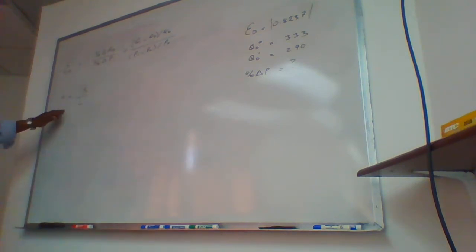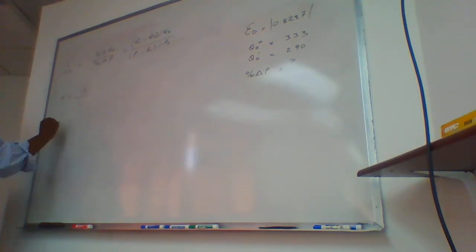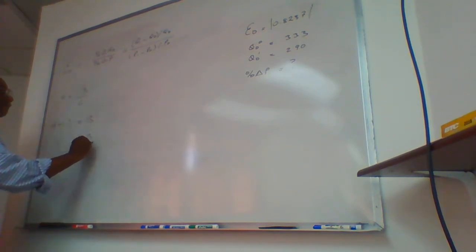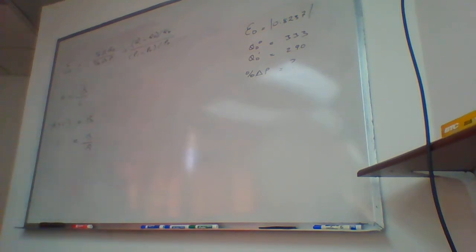All right. A equals B over C. A times C equals B. C is equal to B over A. So this tells you A equals B over C. Let me rewrite this.